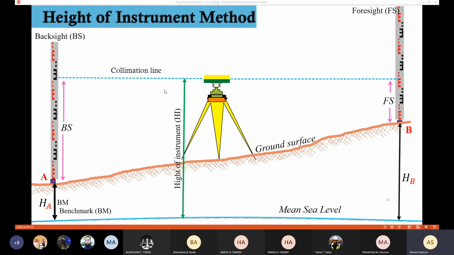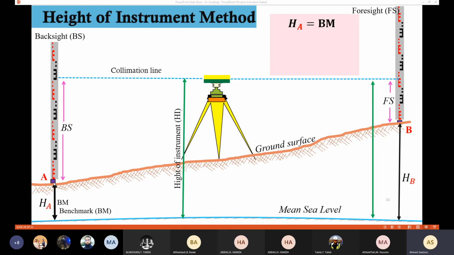So now, how to determine the height of instrument? From this figure here, we know that if this one is the height of an instrument, then also from here to here is the height of instrument. So from this figure, the height of an instrument equals the benchmark, the distance from here to here, plus the backside, right?